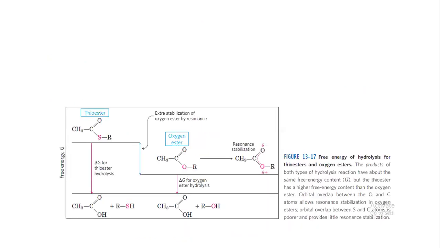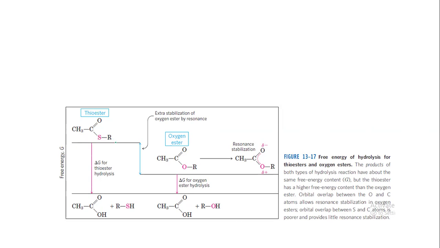So if we compare thioesters and simple esters, and ask why simple esters do not have a large free energy change as compared to thioesters, there is a reason. And what is the reason? The presence of the sulfur atom in thioesters makes them highly unstable, so they have more energy and occupy a much higher value on the free energy chart.